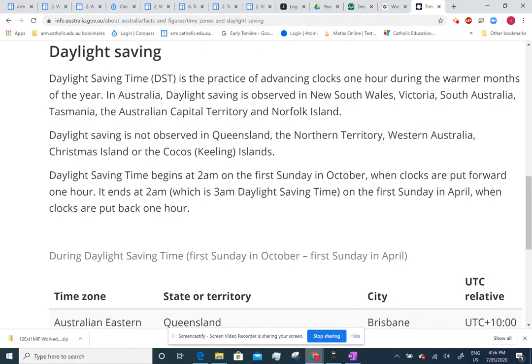The states that observe daylight saving in Australia: New South Wales, Victoria, South Australia, Tasmania, the ACT, Australian Capital Territory, and Norfolk Island. These states do not: Queensland, the Northern Territory, Western Australia, Christmas Island, and the Cocos or Keeling Islands.